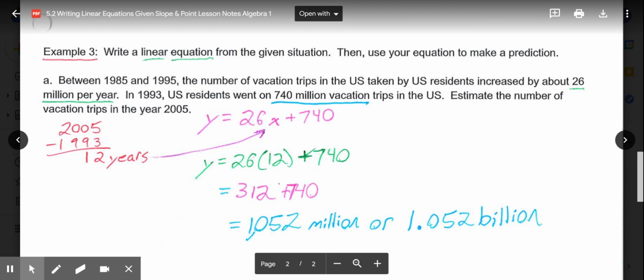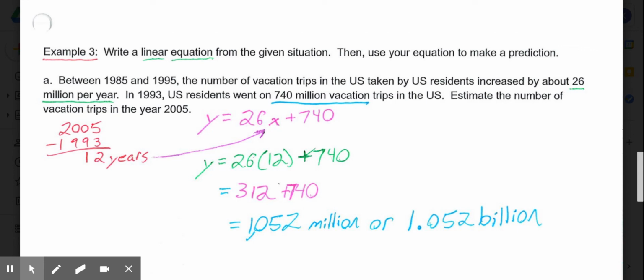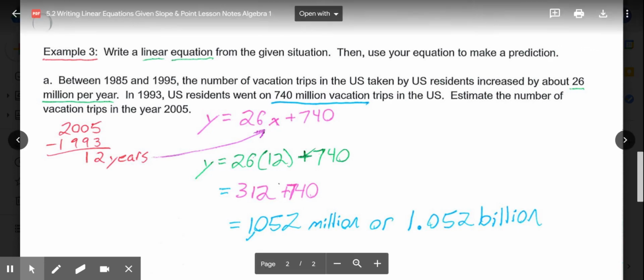Then we need to predict for the year 2005. So 2005 is 12 years after 1993. So since 93 to 2005, that would be 12 years. So we will take the 12 years and put that in for x.